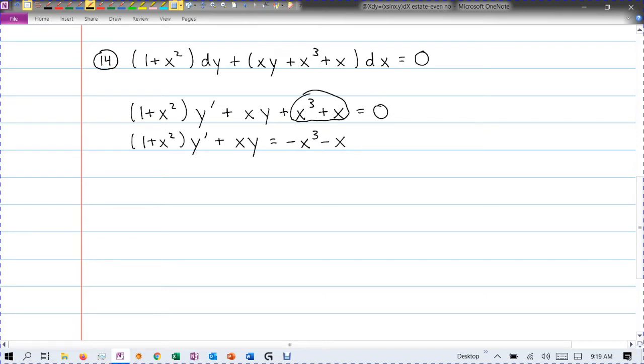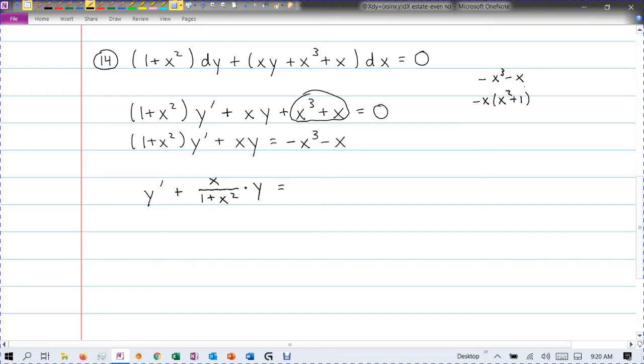Now what we need is a coefficient on y prime to be 1. So I divide through by 1 plus x squared. So y prime plus, I'm going to have this x divided through by 1 plus x squared, times the y there, then equals, and notice on the right hand side that negative x cubed minus x is actually negative x times x squared plus 1.